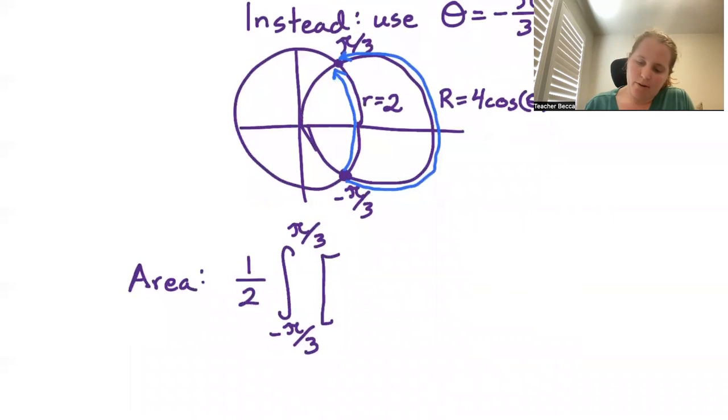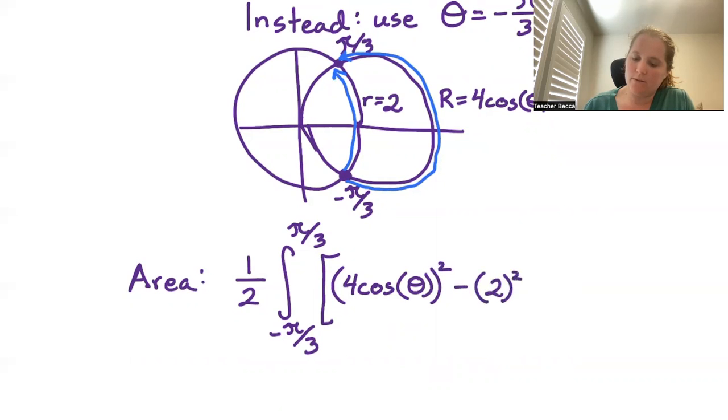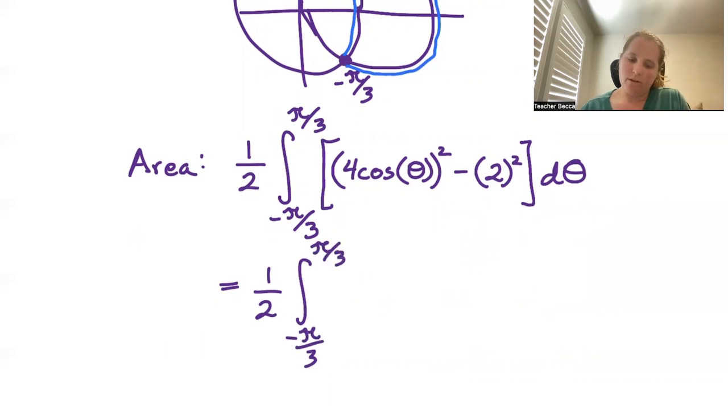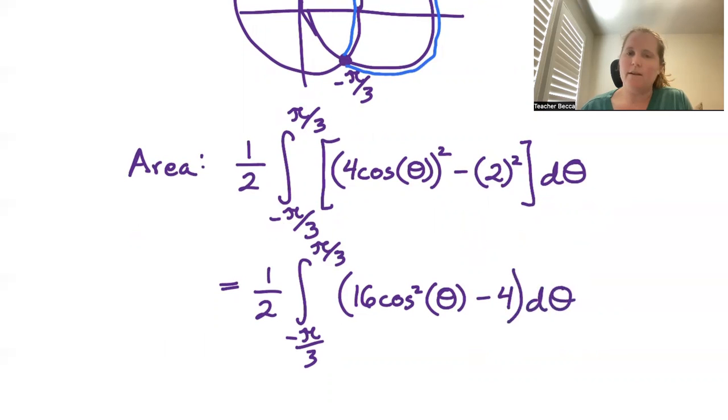So we do capital R squared, so we have 4 cosine of theta squared minus lowercase r, 2, squared, and then d theta. So again, we are looking at 1/2 times the definite integral from negative pi over 3 to pi over 3 of 16 cosine squared theta minus 4 d theta.